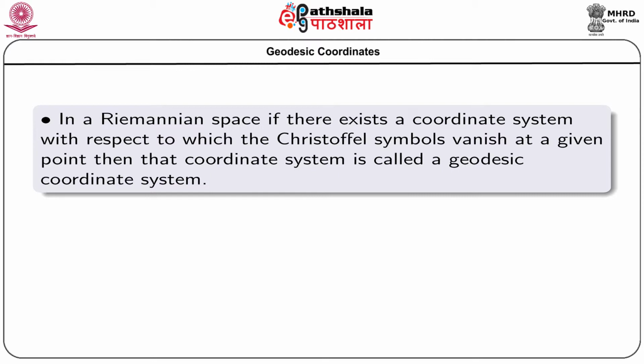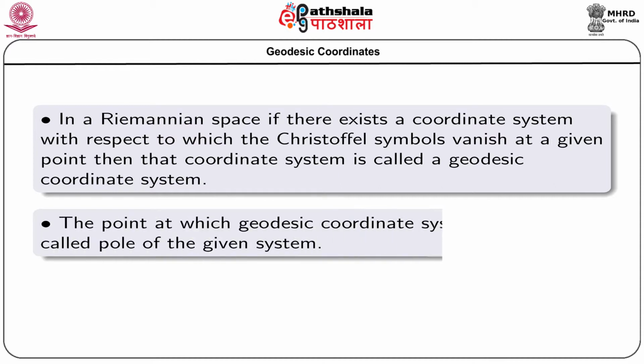Christoffel symbols for a surface can also be found, and if they vanish at some point on the surface, then we can say that a geodesic coordinate system exists on that surface. The point at which a geodesic coordinate system exists is called the pole of the given system.